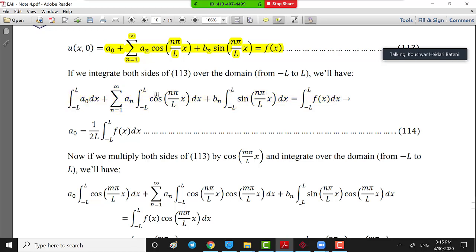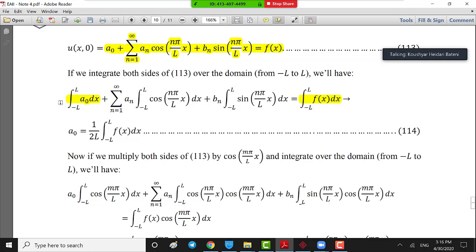But the good news is that all of the integrations of sine and cosine terms inside the sigma are going to turn out to be 0. And you can verify this on your own. All of these are going to turn out to be 0 for all the values of n, no matter what. So we're going to have the integration from minus L to L of a0 equal to the integration from minus L to L of f of x, right?